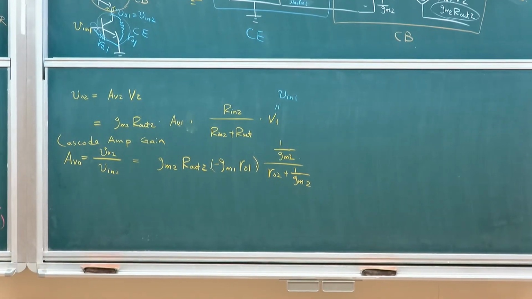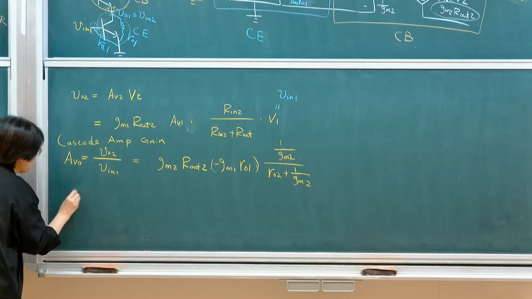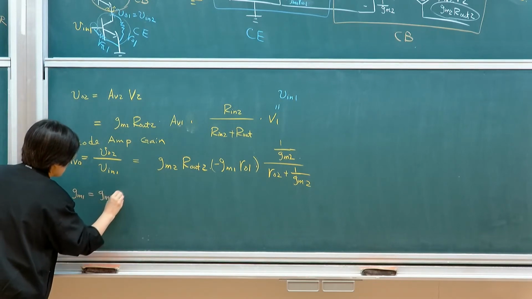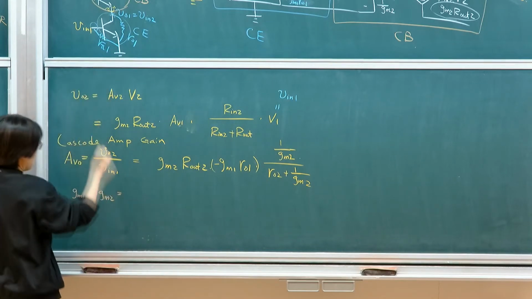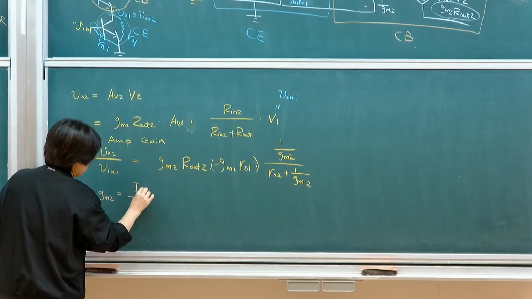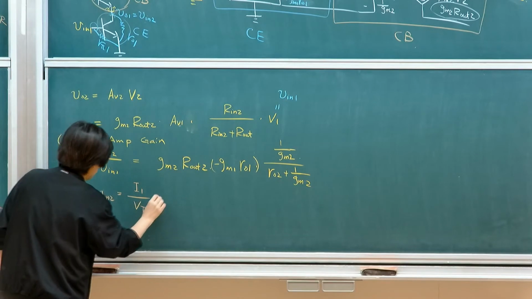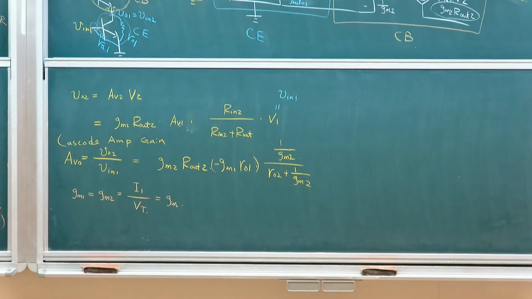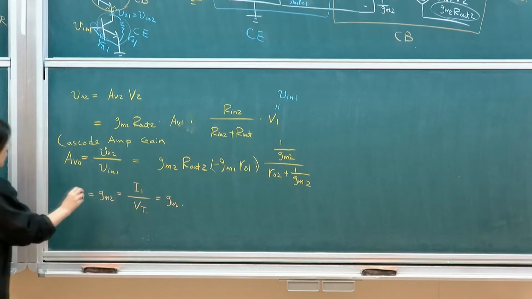Okay, this is just to be precise, but one of the things I want to highlight is because this is a single branch current, we know that gm1 equals gm2, because the same I1, which is I1 divided by VT. So this equals gm. For bipolar, there's only one gm because we're having a single branch. There's a little beta correction. I'm going to ignore that.